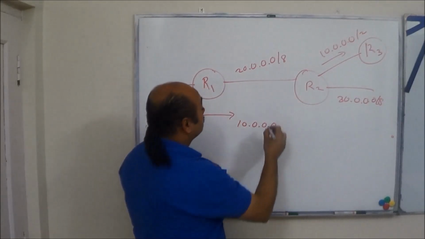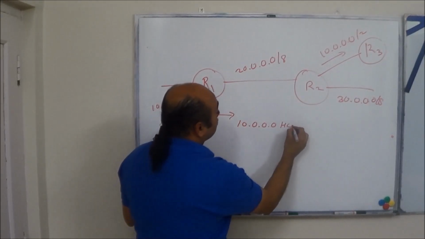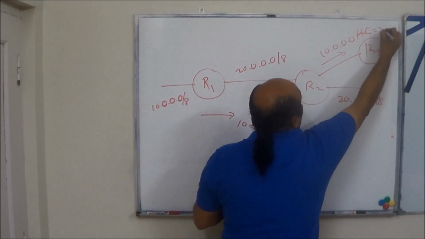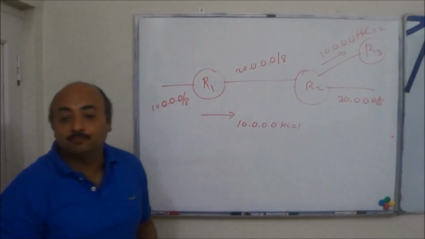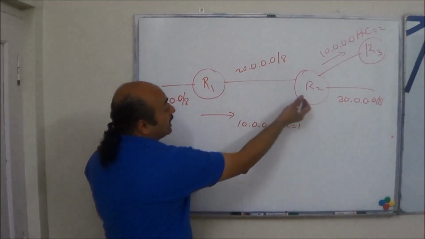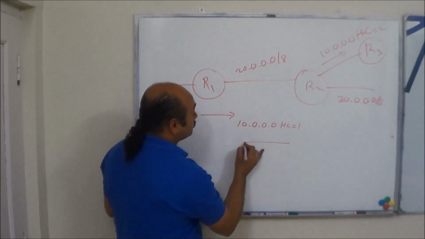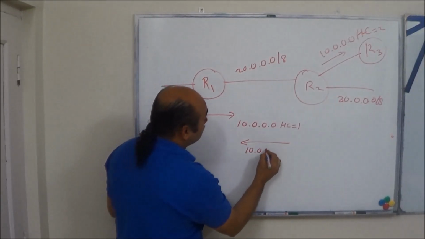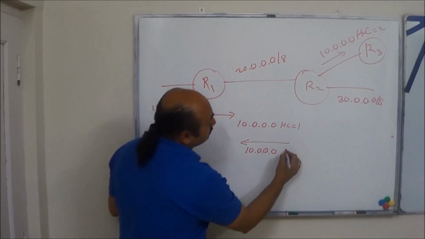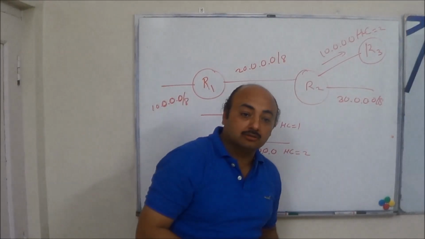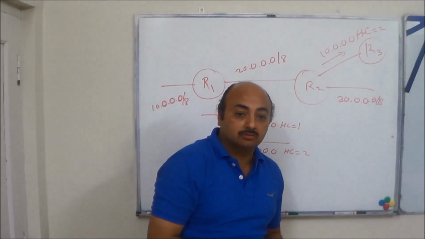This was a hop count of 1. That is what it is supposed to do, right? But R2's neighbor is R3, and R2's neighbor is R1 also. So it can do this also, right? Why not? It can do that.